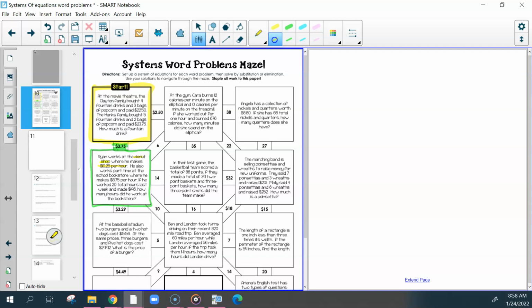The donut shop makes $10.25 per hour. What else? At the bookstore, he makes $8.75 per hour. Okay. Anything else that's important? Total hours.